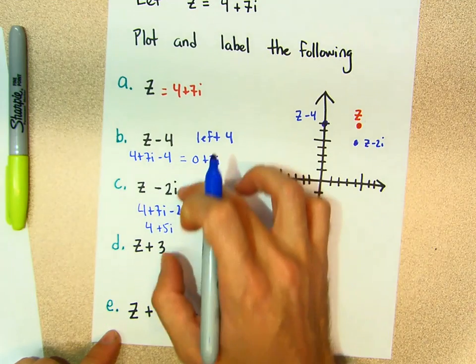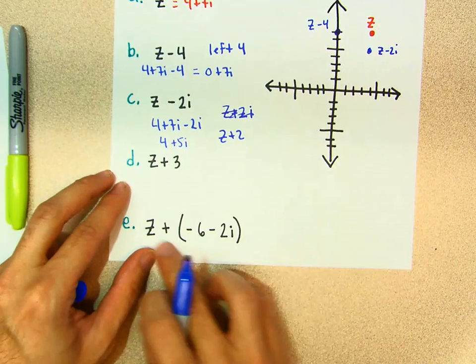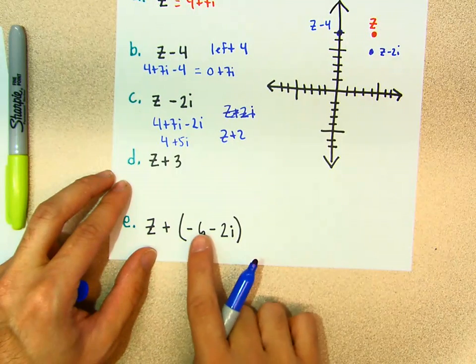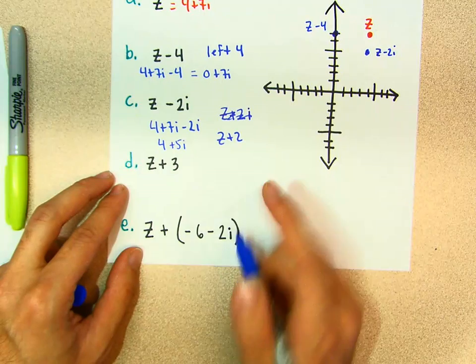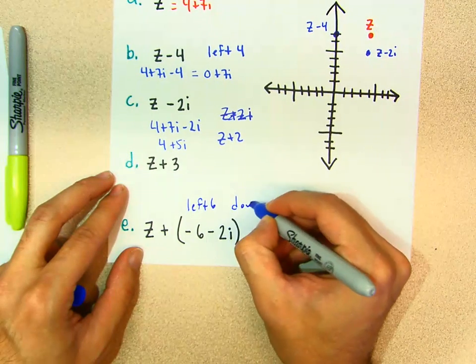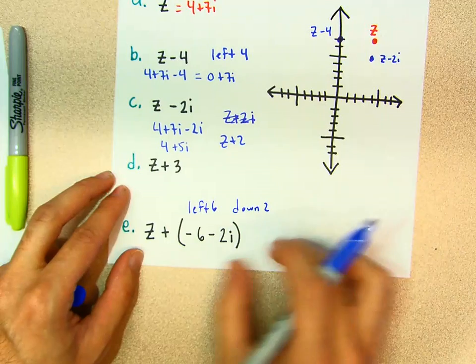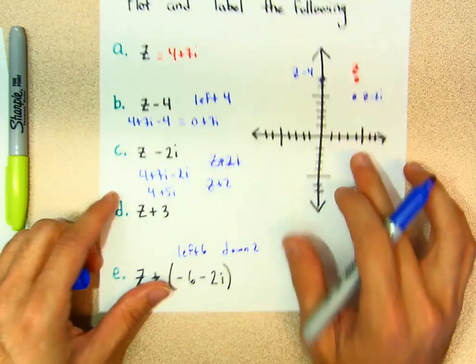Okay? And then what I want you to do is try and figure out the rest of them. And for this one, for letter E, once you get to it, how does z change? What will happen is you go left 6, down 2. And that is the geometric transformation of what's happening within the complex plane.